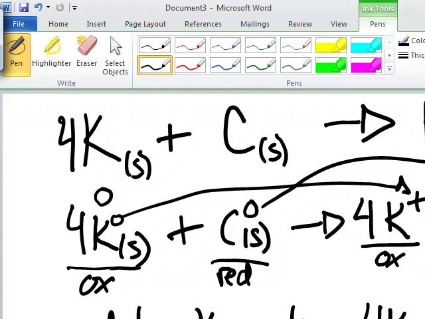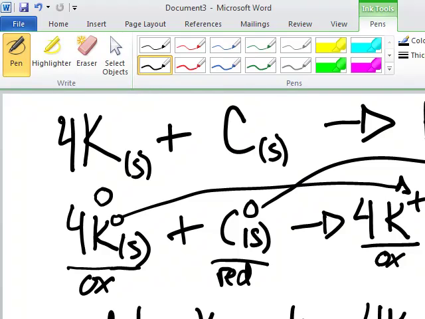Carbon, how many electrons did it need to become -4? Yeah, the e is always a negative charge because it just stands for an electron.